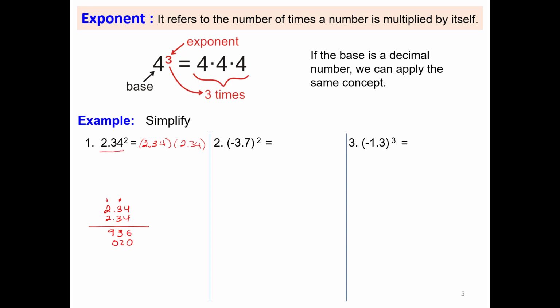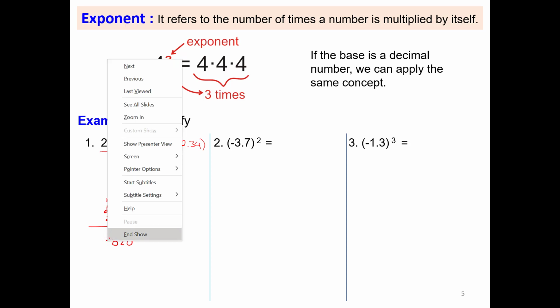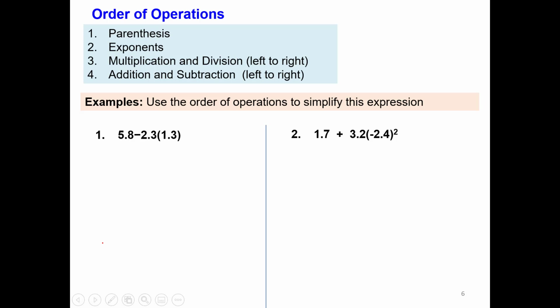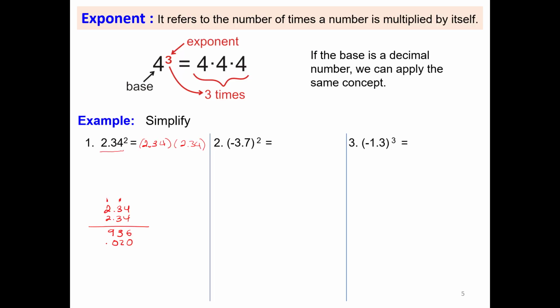Carry the 1. 3 times 2 is 6, plus 1 is 7. Now multiply by 2. We have to be careful. 2 times 4 is 8. 2 times 3 is 6. 2 times 2 is 4.